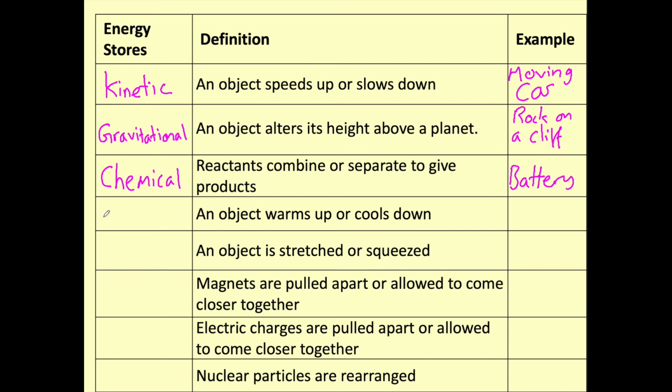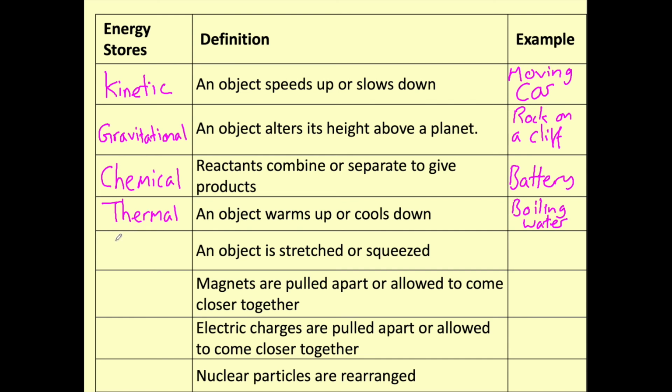So when we're talking about the temperature of objects, we're talking about thermal energy. Example of this, we saw that saucepan of boiling water. You might have other examples for these, and that's absolutely fine. We've gone through lots of them in this video.